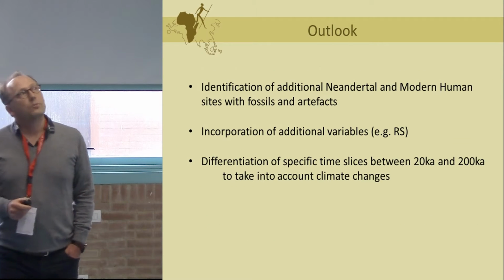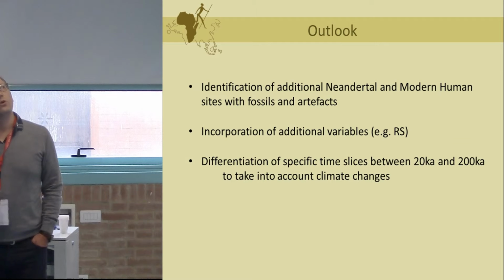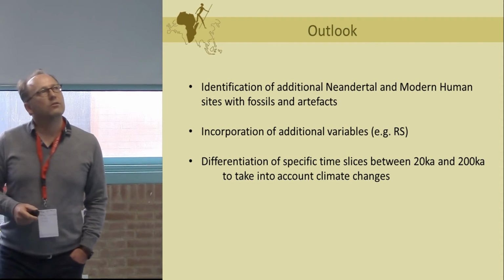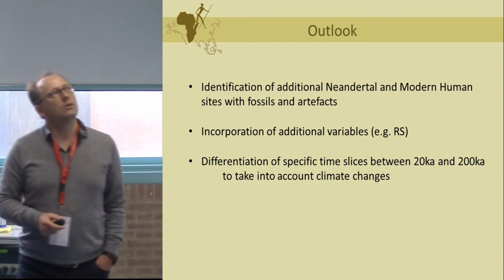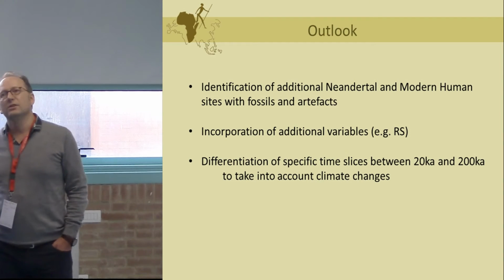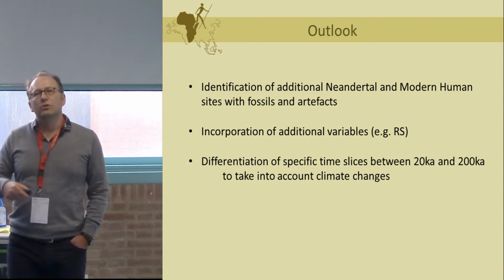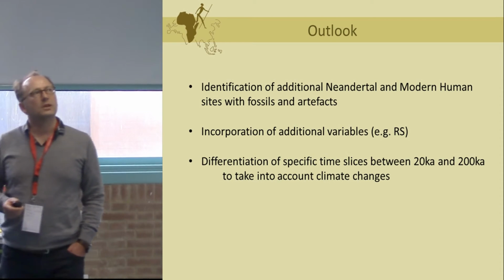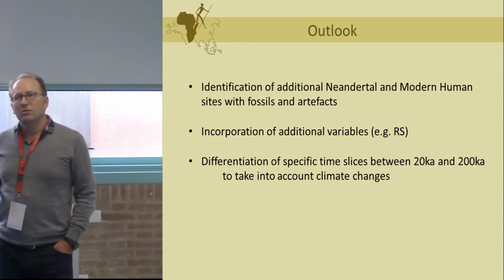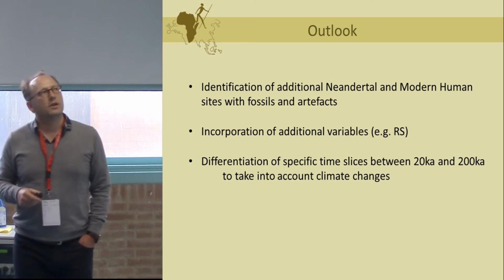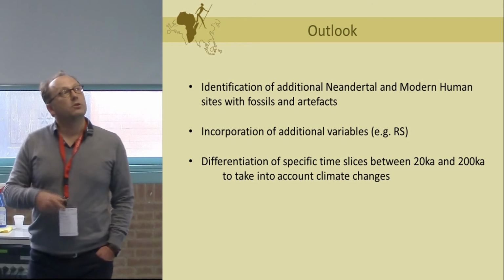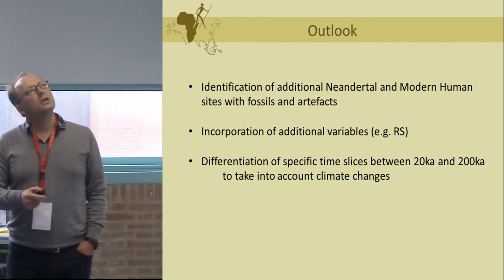So, coming to the outlook, we have to identify additional Neanderthal and modern human sites with fossils and also with artifacts in order to increase the significance of the model. So the more data we have, the better the models can be, or the better the statistics can be.